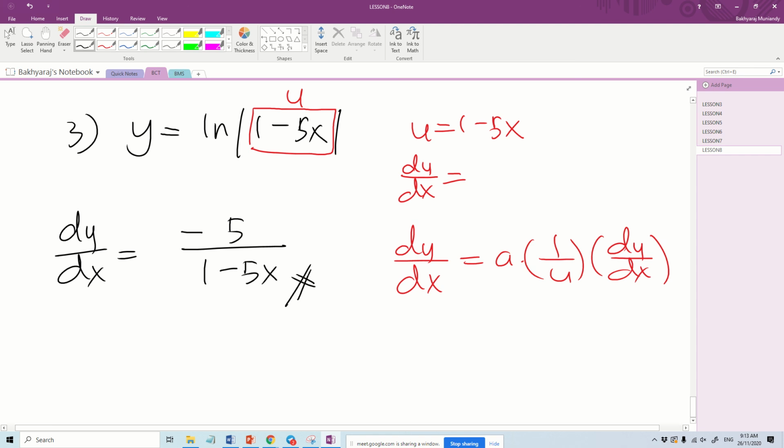Thank you, Syakiri. Okay, itu jawapan last year. So when you differentiate, kalau you differentiate ni, you akan dapat negative 5. So when you put into the formula will give you this answer. Dia akan bagi ni lah.